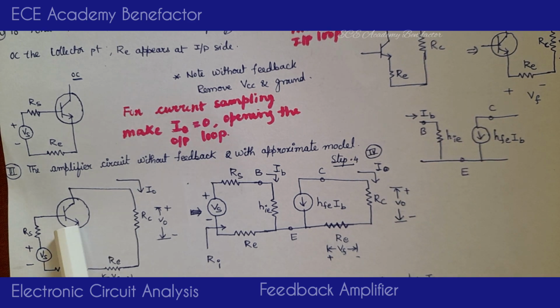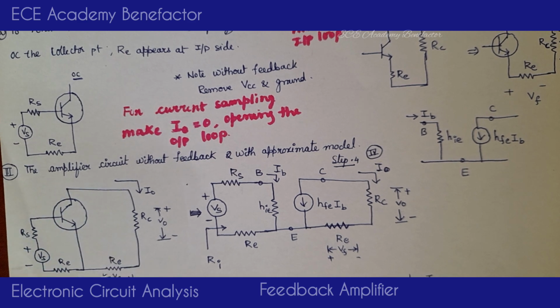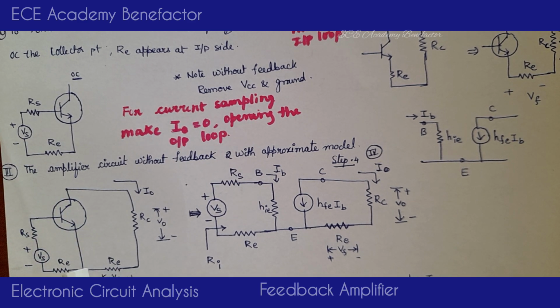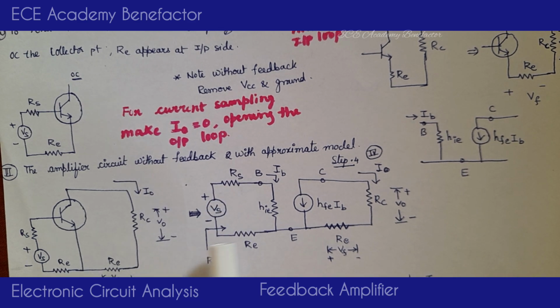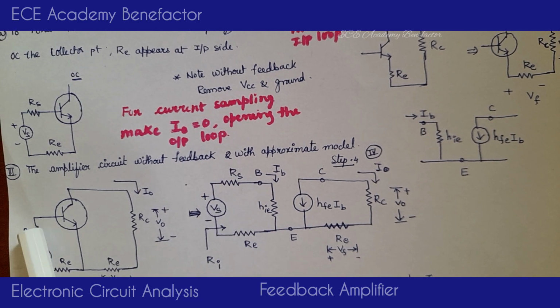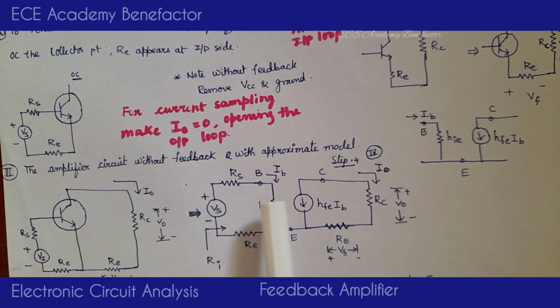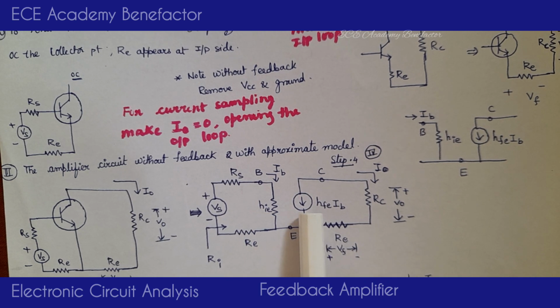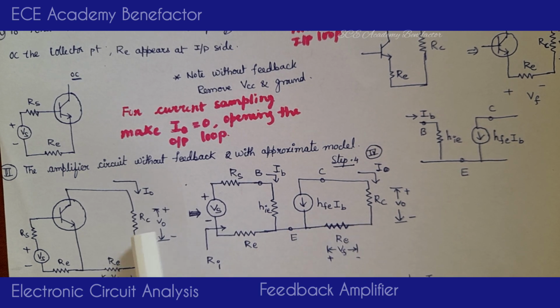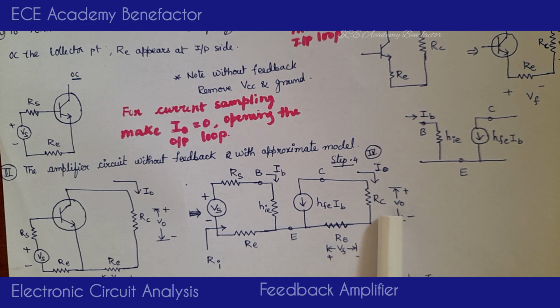What is the name of this circuit? This is the amplifier circuit without feedback. Now the input side is the same: Vs, Rs and Re, these three are there already. We have replaced this transistor by the H model, HIE, HFE IB, and these two resistors are already there, Re and Rc.